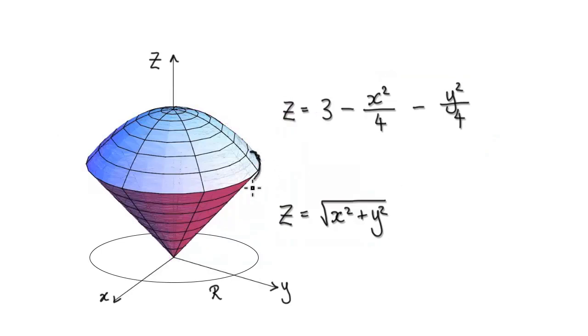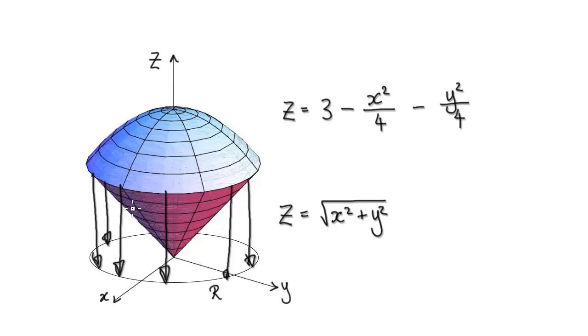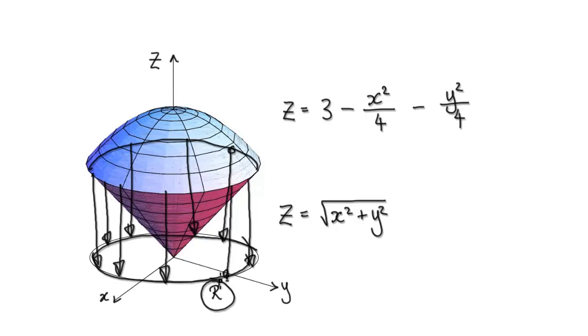You can project it down onto the XY plane, and it will form some sort of circle flat on the XY plane. Projecting it downwards from around the back, it will hit somewhere around here, and so on. You can see that it forms a circle. That's going to be our region over which we're integrating.